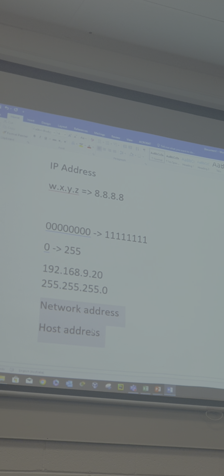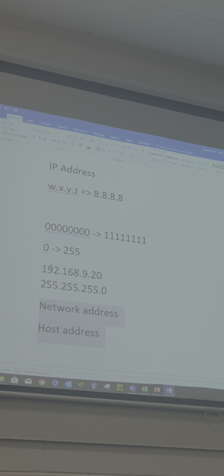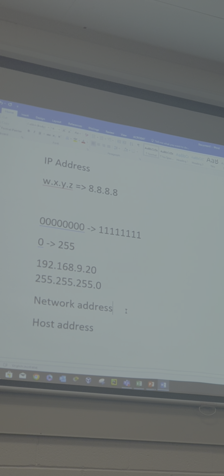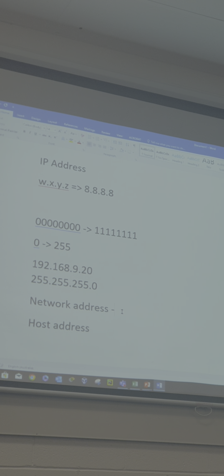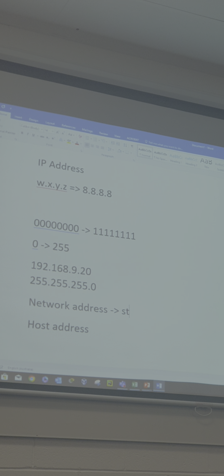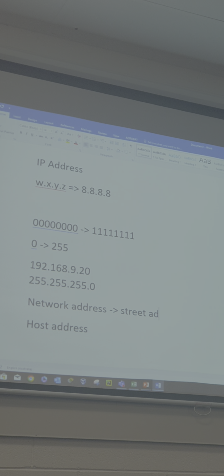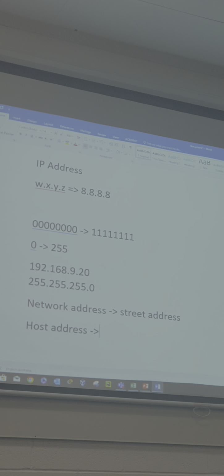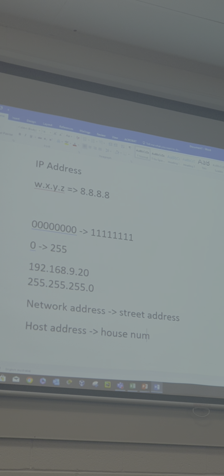When we use that analogy with these two concepts, the network address is like a street address, and the host address is like your house number.